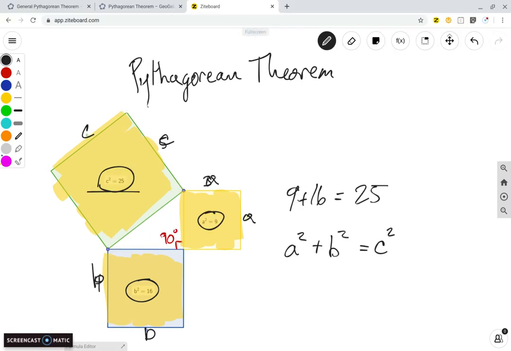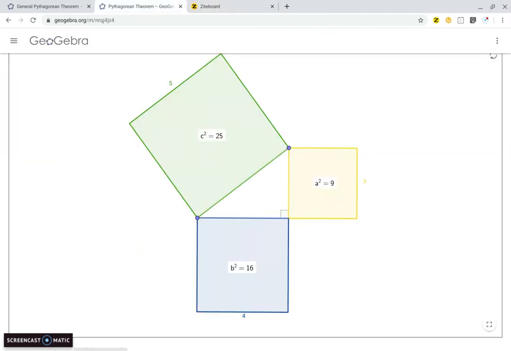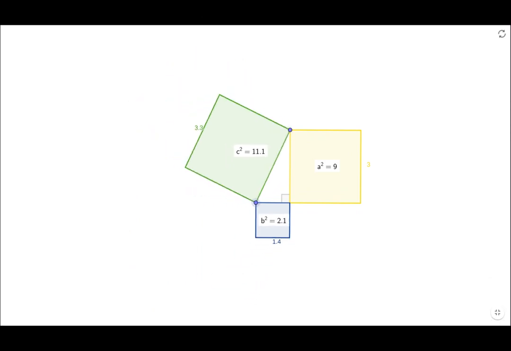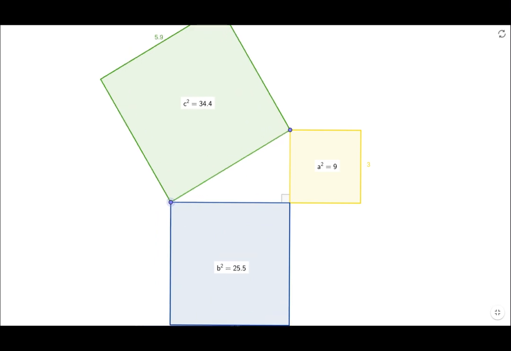And there's literally hundreds of proofs, maybe more proofs for the Pythagorean theorem than any other theorem in math. So we're not going to get into any of the formal proofs, but I have an interactive tool here to see many different examples of right triangles. So here's that 3 by 4 by 5. Now I can change the size of the triangles.